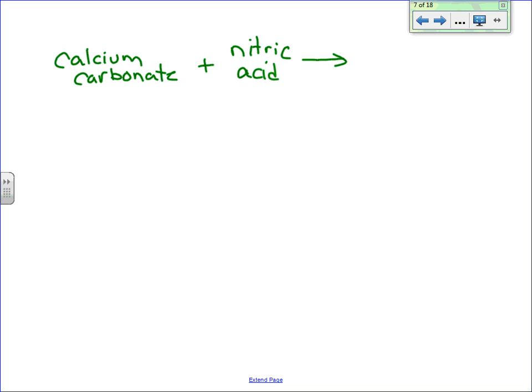The mass of the marble decreases. Good, because what does the calcium carbonate turn into? It's no longer calcium carbonate, it's no longer marble, now it's what? Calcium nitrate. Excellent. Calcium carbonate plus nitric acid turns the calcium carbonate into something called calcium nitrate.